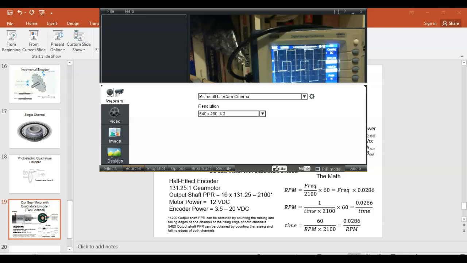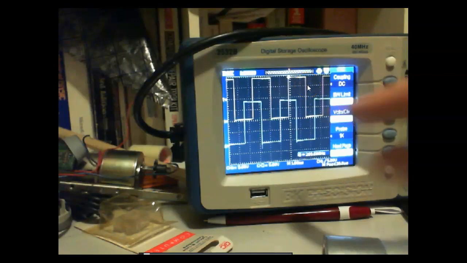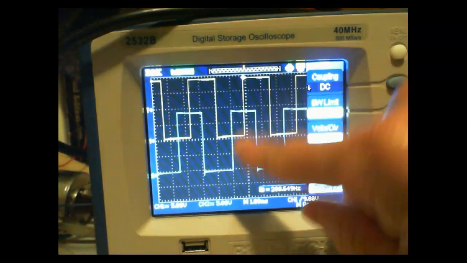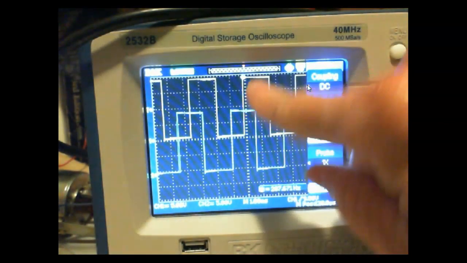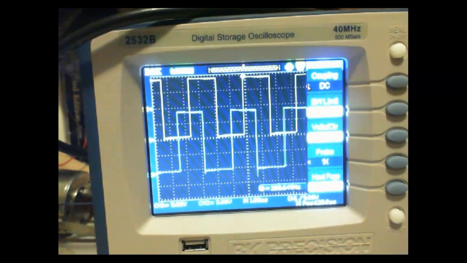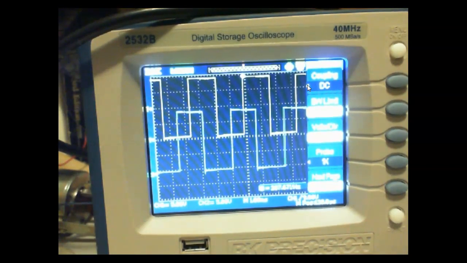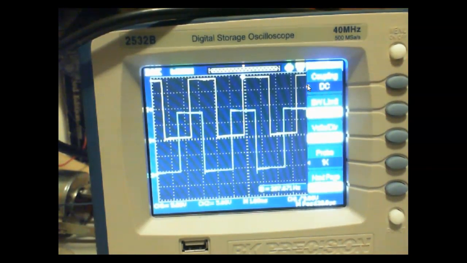Okay. And so we notice now, here's our 0, that blue, so blue is leading yellow. Come up here and change the connection on my motor.